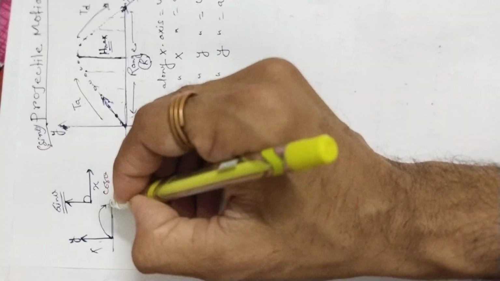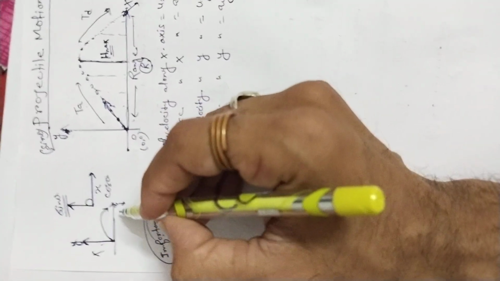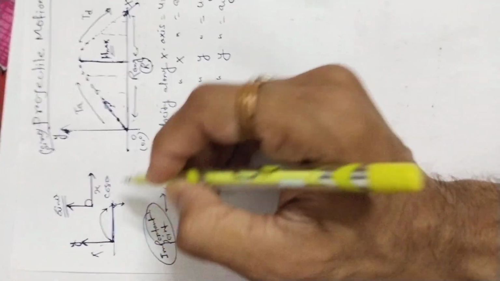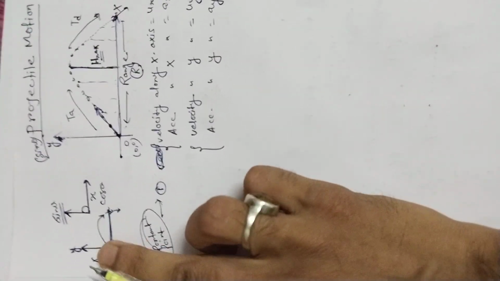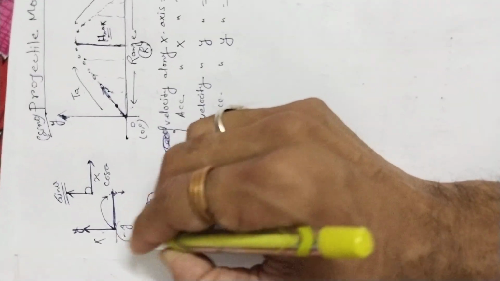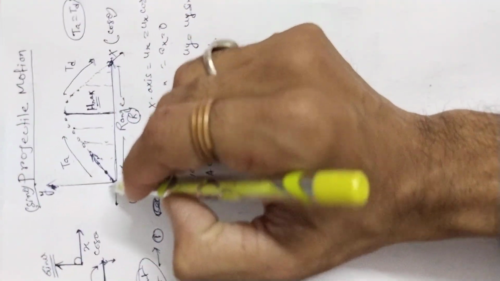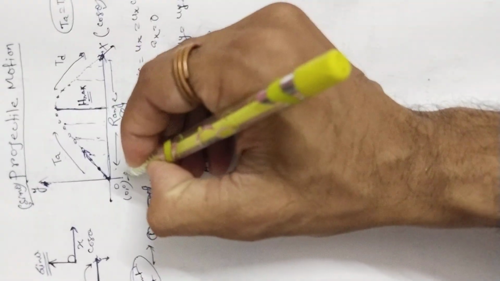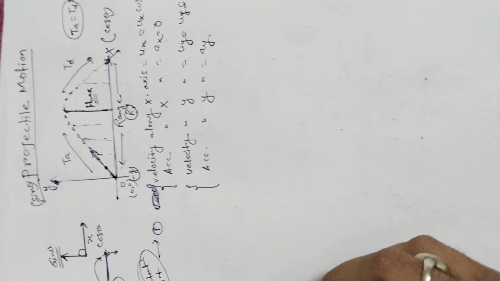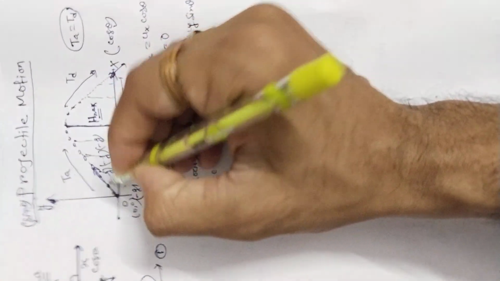The gravitation makes it fall downward. So along the x-axis the acceleration is 0, but along the y-axis the acceleration is minus g. Why minus g? Because g is gravitation, and I threw the particle upward, so the acceleration is minus g.